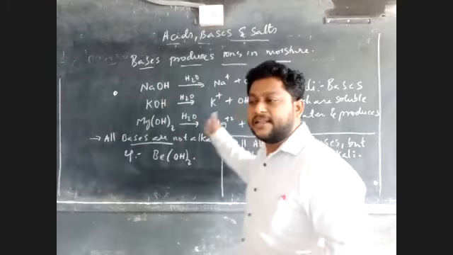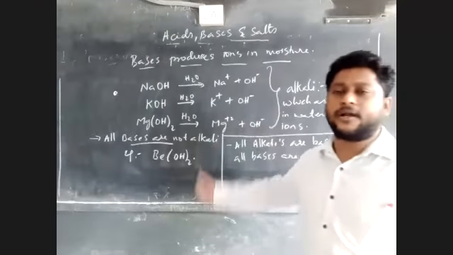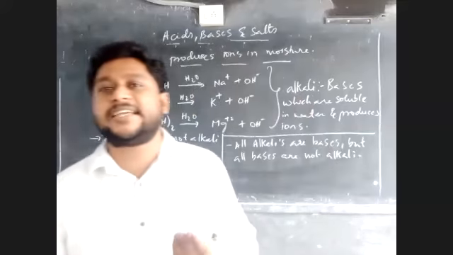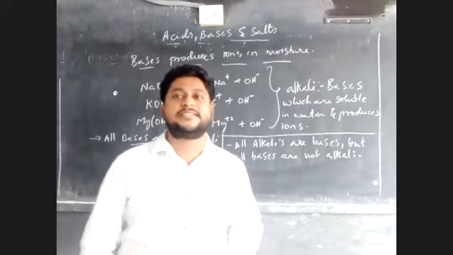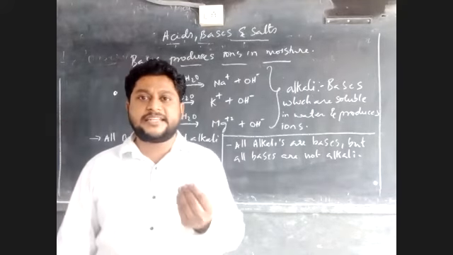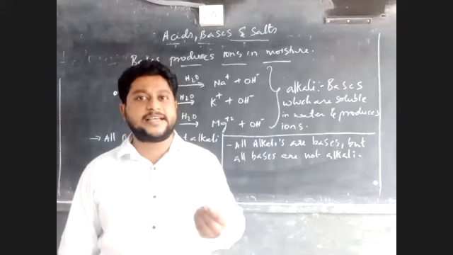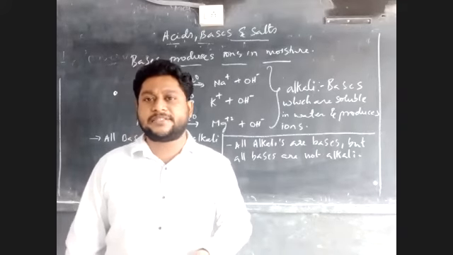Okay, what is alkali? The bases which are soluble in water are alkali. And take acetic acid, for example. Acetic acid is an example of a weak acid.